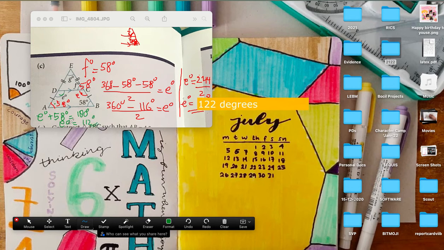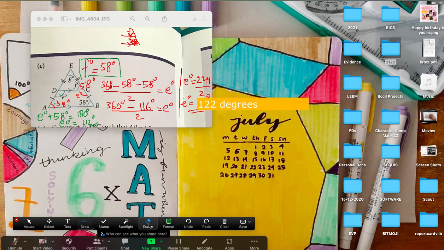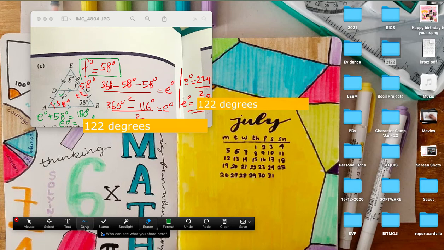Yay! I got a value of E, I got a value of F. Now I'm moving to find the value of G. Okay, so let me just use the empty space above here. Right, so that will be G degrees. To find G, we're having triangle EDC there, and that is an isosceles triangle, and we got one of the base angles there, 58, so the other one has to be also 58.